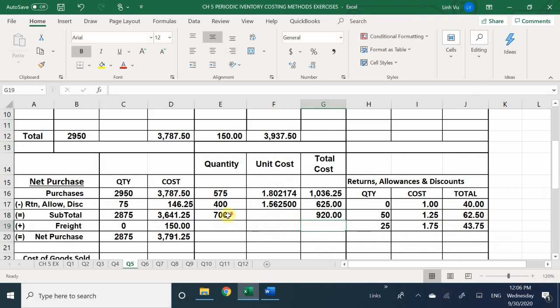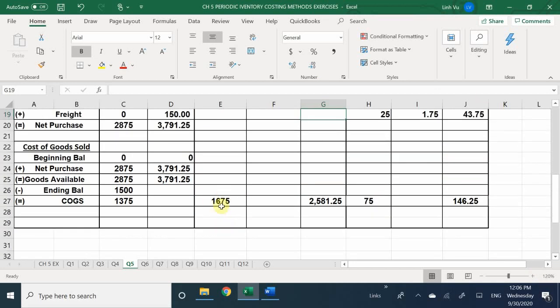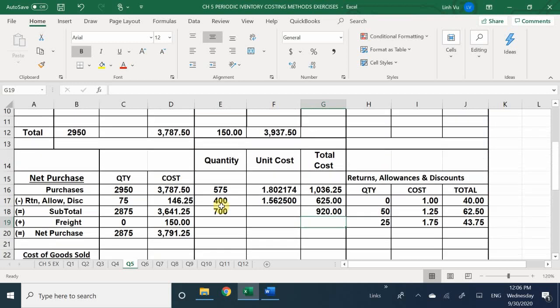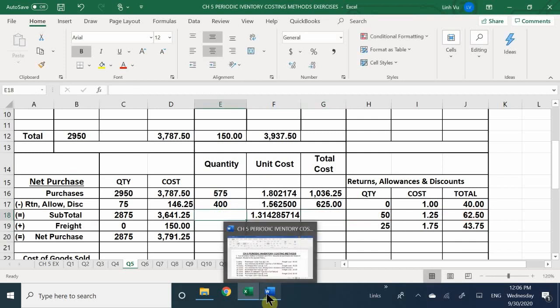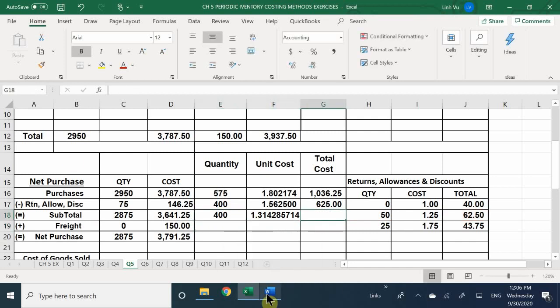All right? But I'm not taking the full 700, because that's going to push my cost of goods sold over by 300. So what I'm going to do is calculate a new cost per item. I know I'm at 920, and I need to divide the whole thing by 700. So here I get a new value of $1.31 and so on. Then I'm going to calculate just the 400 items I need to sell.